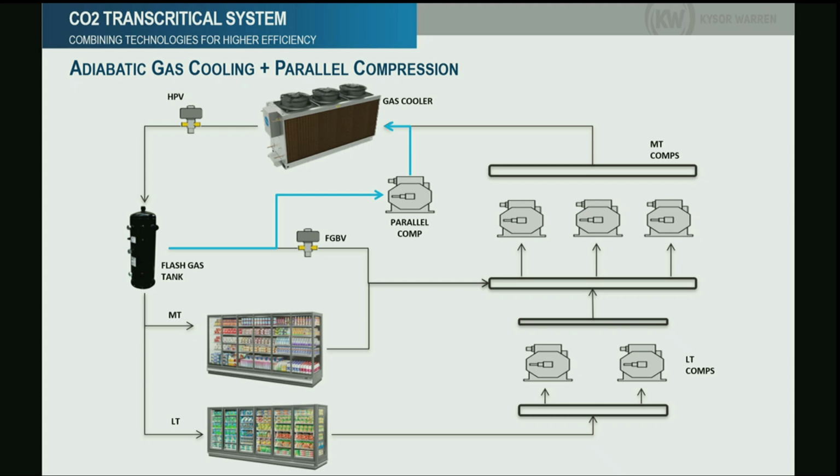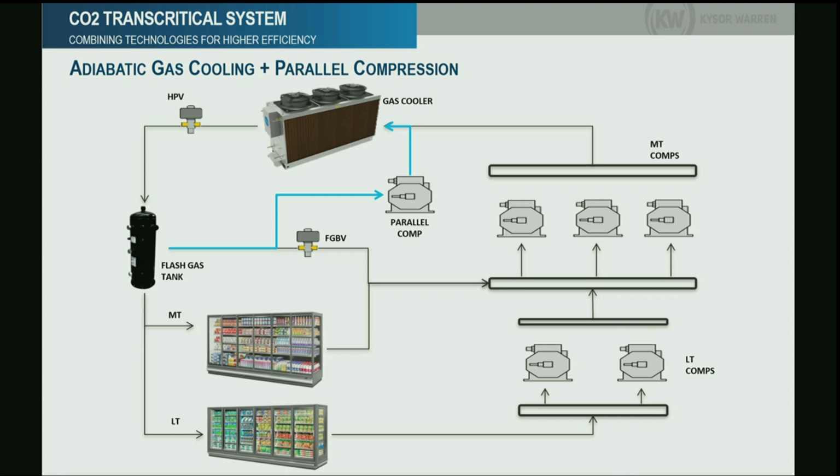In this case, they are not completely independent, because the parallel compression depends on how much vapor you have in the flash tank, and part of the benefit of the adiabatic gas cooler is that it produces less vapor in the flash tank. So these are not completely independent technologies, but you can still get some benefits with parallel compression and an adiabatic gas cooler.